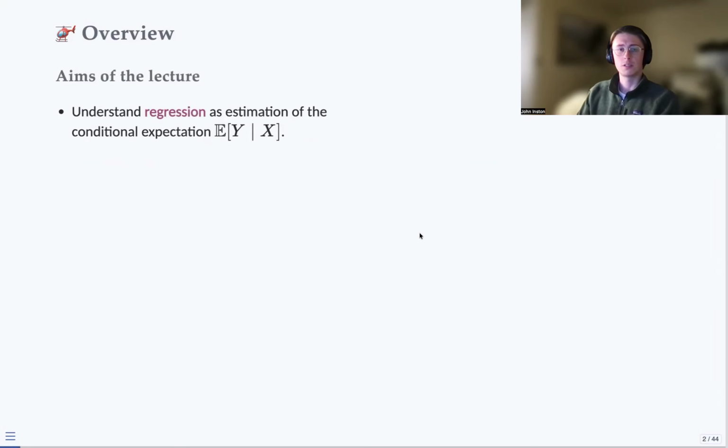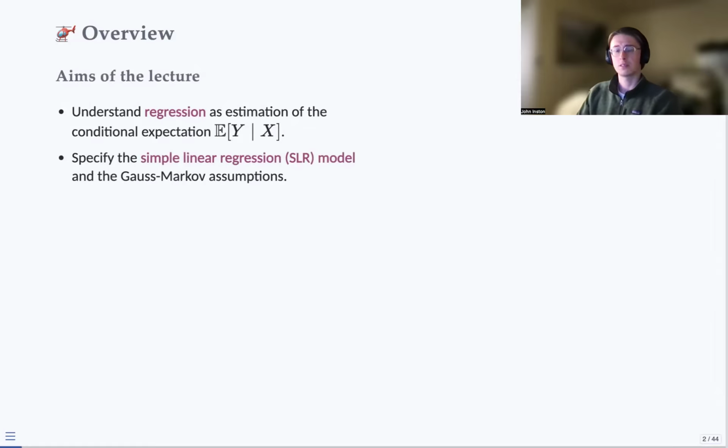To start with the overview, the aims of this lecture are to start by understanding what we mean by regression and thinking of it as estimating the conditional expectation, where y is the variable we're trying to predict and x are the variables that provide information on how to predict y.